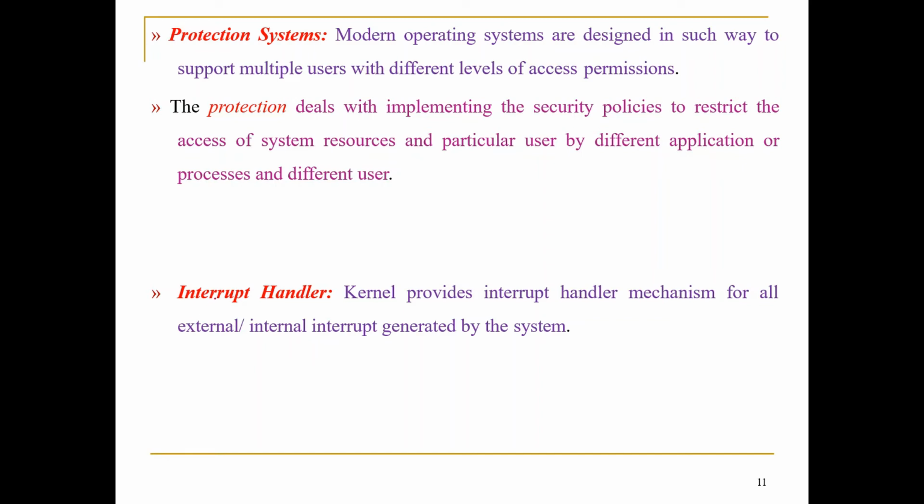Suppose there is no operating system and there are multiple input devices giving input. Your system will be in confusion about which data has to be accepted and which has to be given away. All of that work will be done by your kernel, a very important part of your operating system. The kernel provides an interrupt handling mechanism for all external and internal interrupts generated by the system.